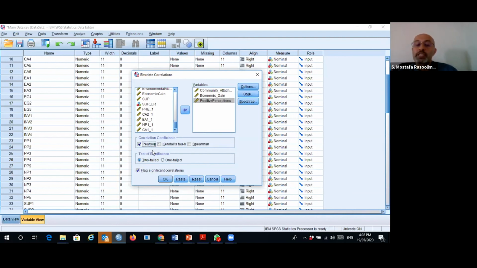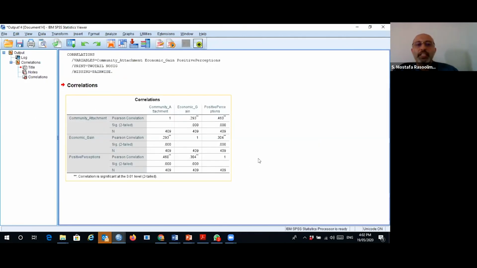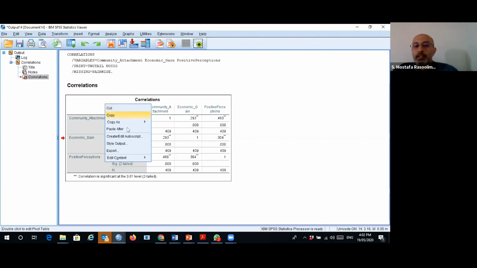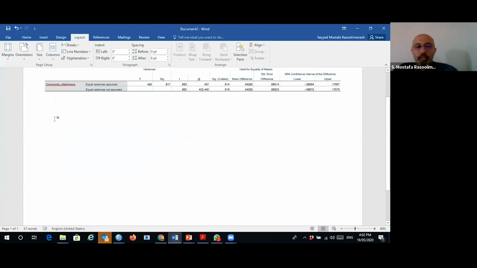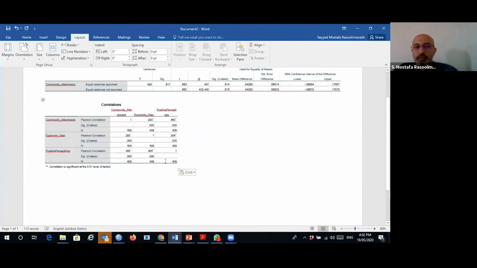But if you hypothesize, based on your hypothesis, two tail or one tail, you need to select one of these. So here we have the correlation table. You can click on this and transfer to your Word file, copy and paste.